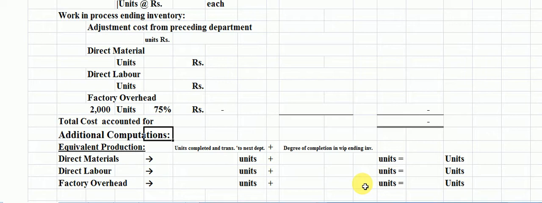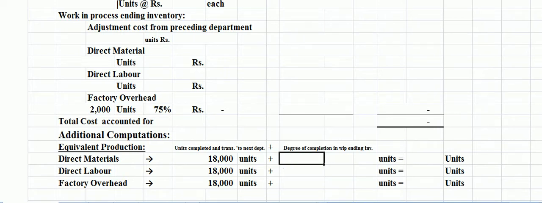Now students, we have to write here the completed units which are transferred to the finished department, 18,000 units, and also 18,000 units here. Now we write the units still in process here, 2,000 units and also 2,000 units.